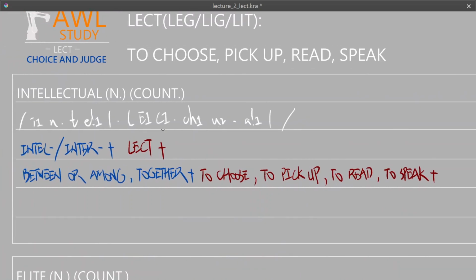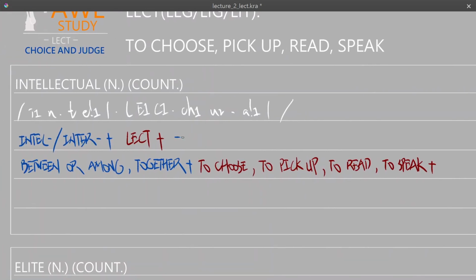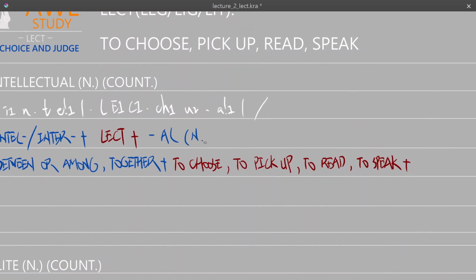And lastly, we have the noun suffix L. So let me clarify, it's a noun suffix rather than an adjective suffix.